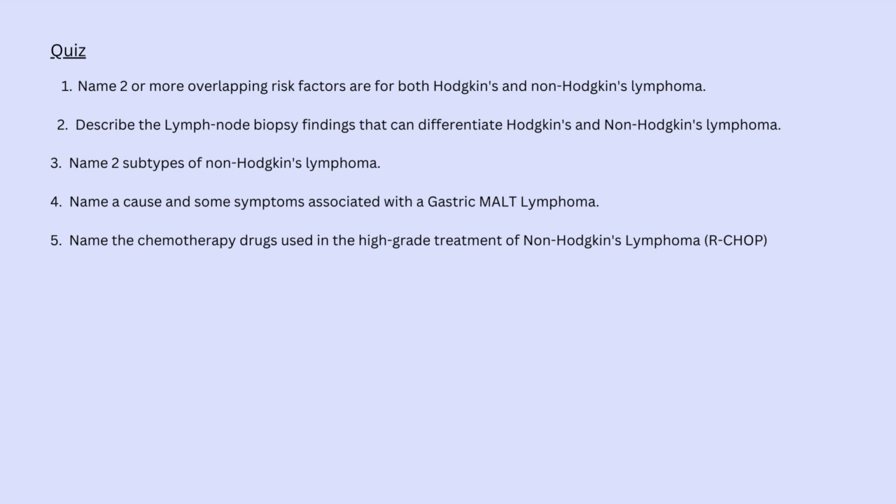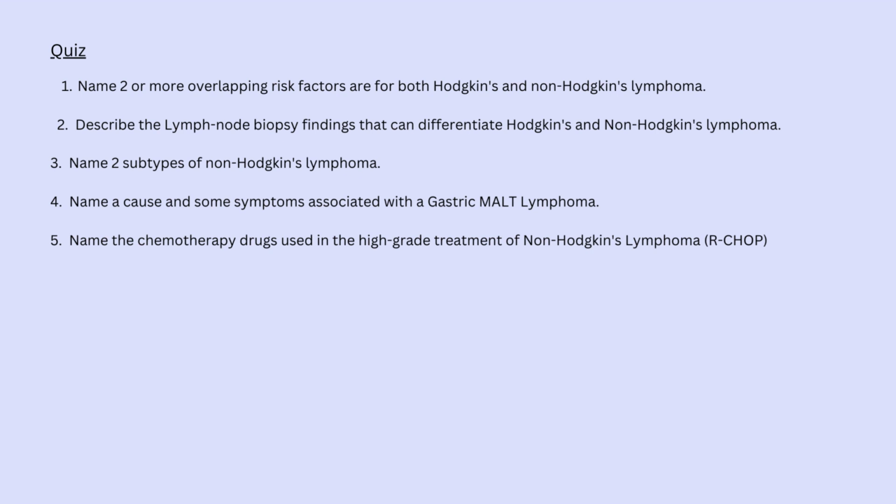Another risk factor would be having an autoimmune disease, such as SLE, rheumatoid arthritis, celiac disease, Sjogren's disease. Another risk factor would be family history of lymphoma, as well as age. So being elderly increases the risk of cancer.